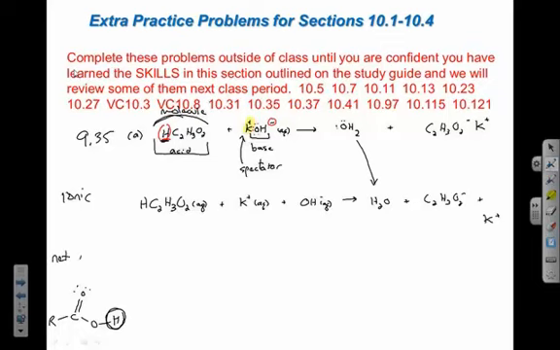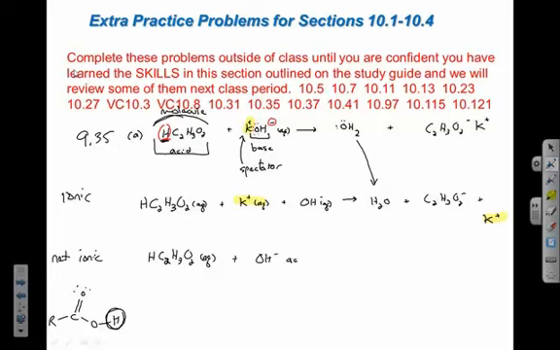So then the net ionic would be to cancel out anything that appears on both sides that is not really undergoing a change, and so that would be the potassium. Starting off surrounded by water, it ends up surrounded by water, it's not really doing anything. So I would cancel it out and exclude it from the net ionic equation.